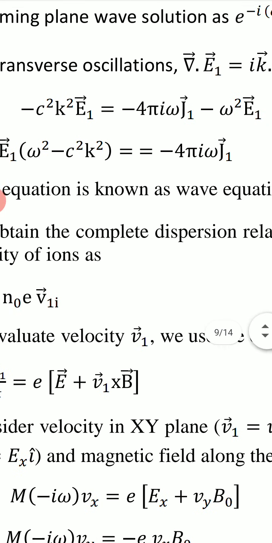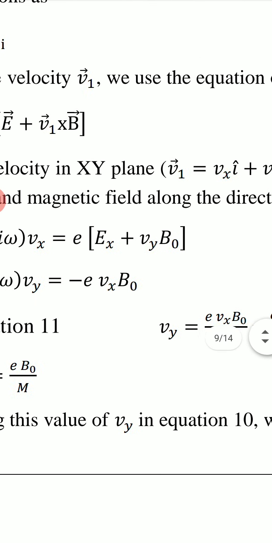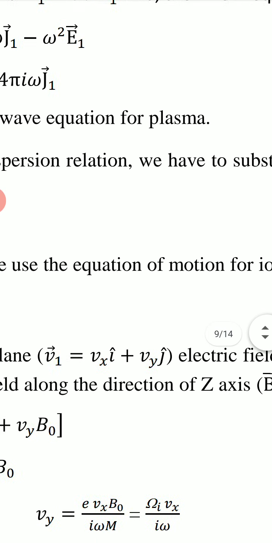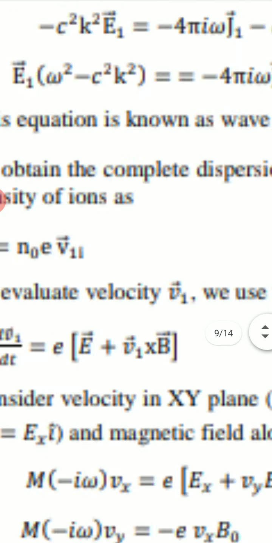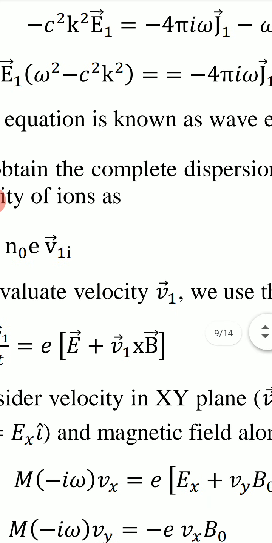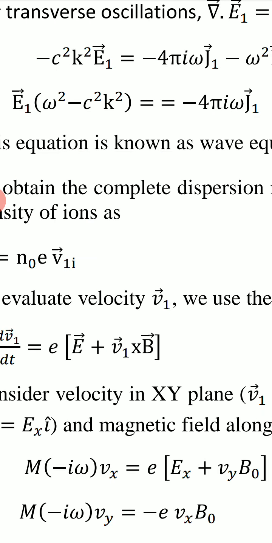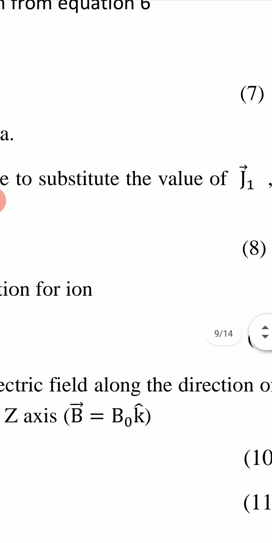This equation is known as the wave equation for plasma. So this is the wave equation for plasma: E1 vector into (omega square minus c square k square) equal to minus 4 pi i omega j1 vector. We write this equation as equation 7.